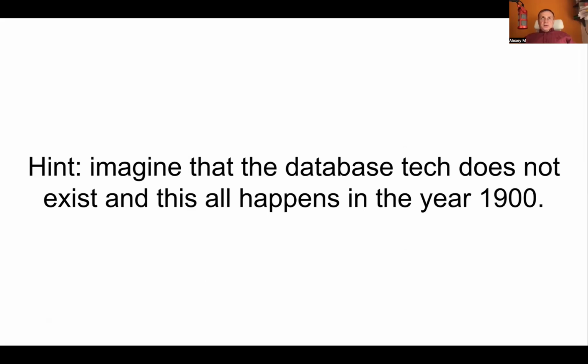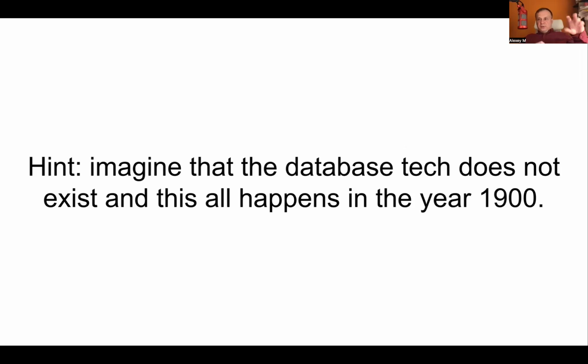Let's look at maybe a little bit more difficult cases, and for them it may sometimes help if we imagine that there is no database, there is no computer. We still have business, but we do that in the beginning of the 20th century, right?